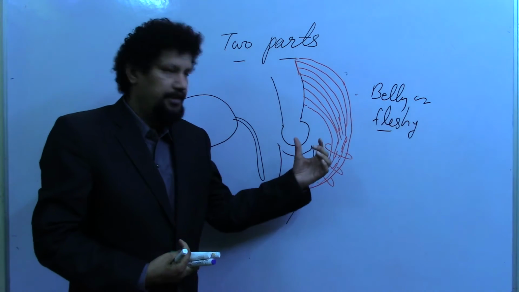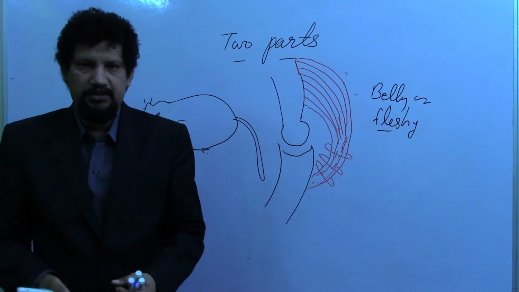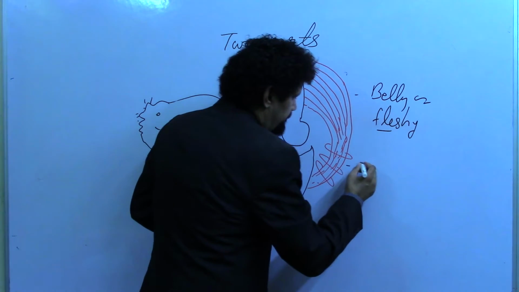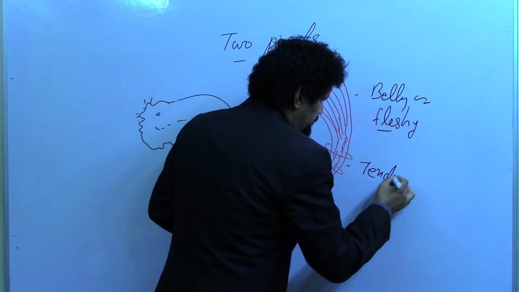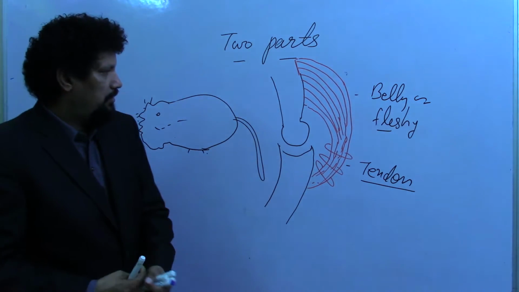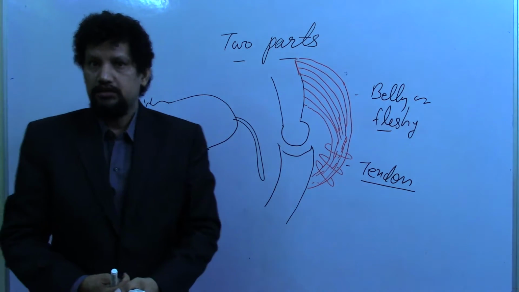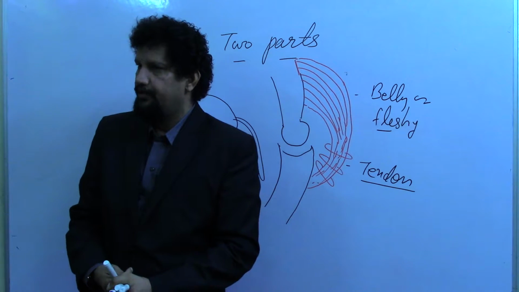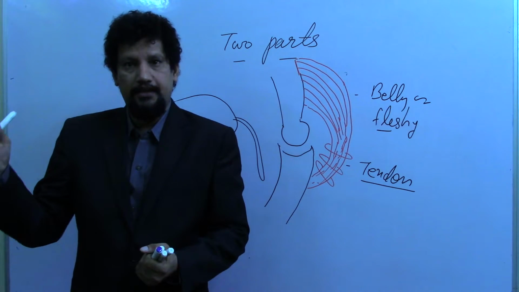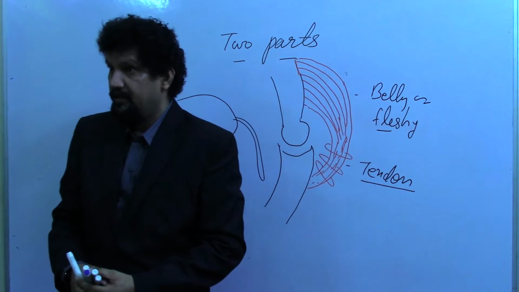The rope-like or cord-like part of the muscle is known as the tendon. So, the contractile part having cross-striated appearance due to arrangement of dark and light bands is seen in the belly or the fleshy part of the muscle.